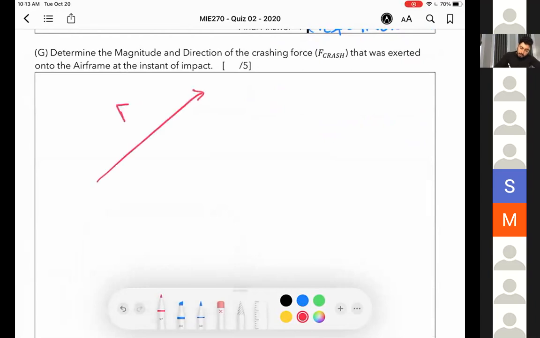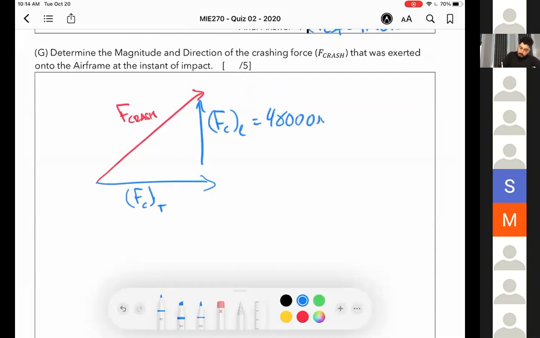So if this is F crash, and that's what we're looking for, we know that we have a transverse, which is FCT, and we have this, which is FCL. And we know that this one is equal to 48,000 newtons, and this one's equal to 1190. How do we find F crash?